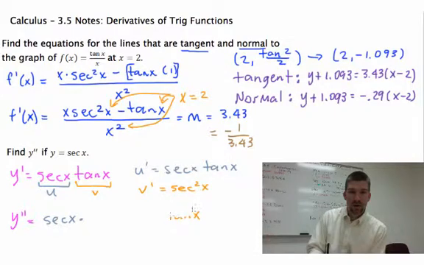The first, which is secant x, times the derivative of the second, which is secant squared x, plus the second, which is tan x, times the derivative of the first, which is secant x tan x.